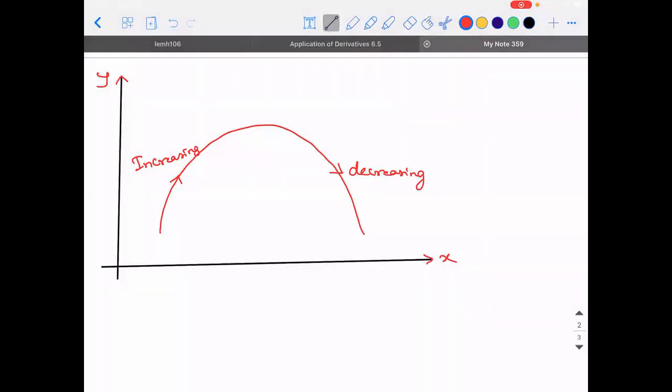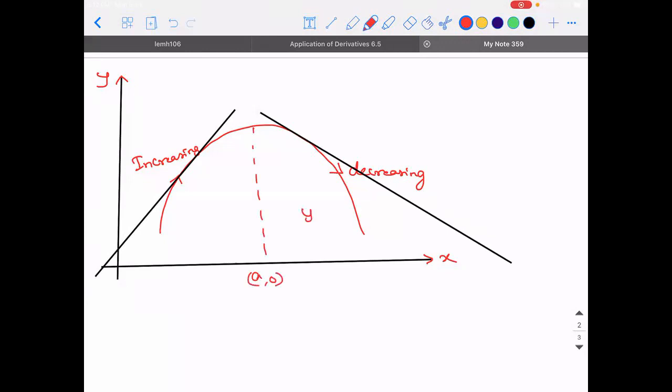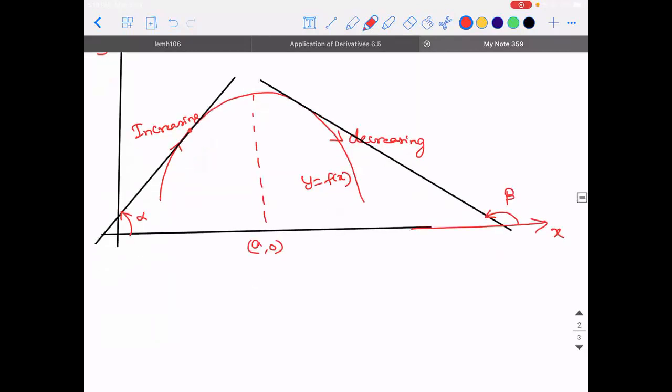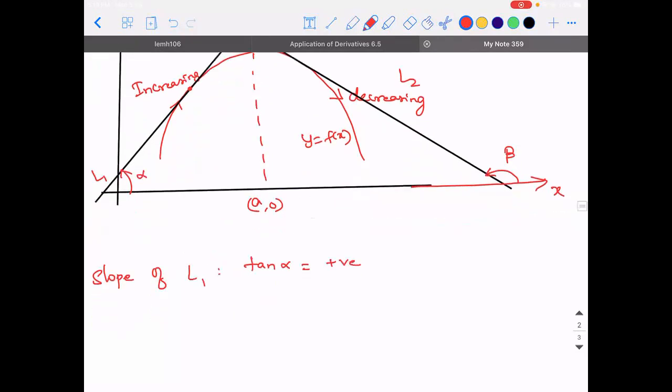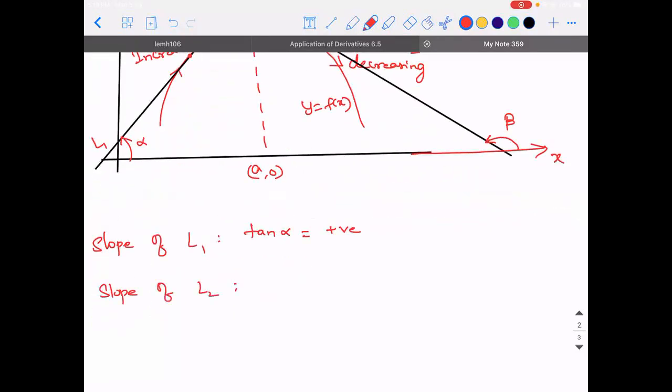So when I draw a tangent at a particular point, if I take this point as the reference point a comma 0, and this is y is equal to f of x, on the left of a, if I take this angle to be alpha, and on the right of a, this angle to be beta, then with L1 and L2, what is the slope of L1? Tan alpha, and tan alpha is positive. What about the slope of L2? That is tan beta, which is negative.